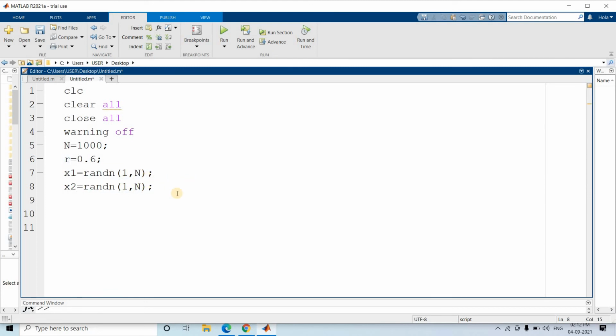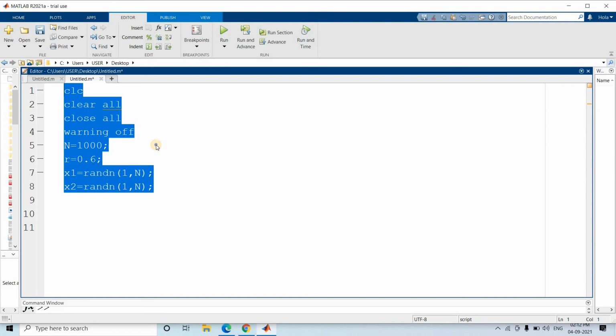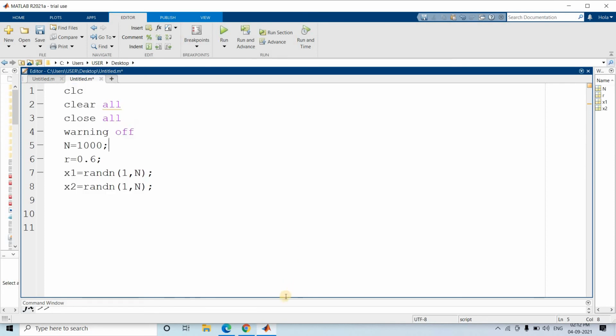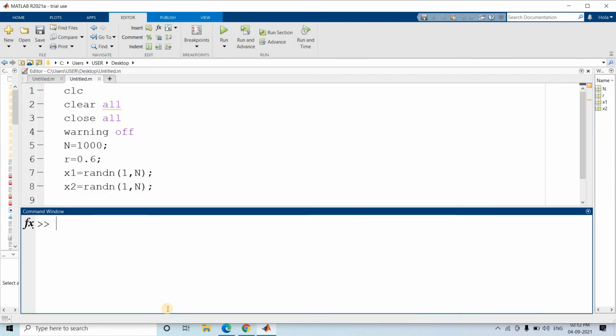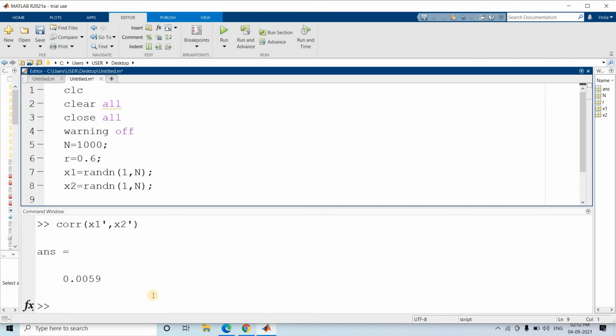Let us see whether they are really uncorrelated or not. Just run this piece of code, and then here we can write corr of x1 and x2. We need to give column vectors, so I am transposing, and you see 0.0059, that is almost zero correlation between these two variables x1 and x2. So they are uncorrelated, their mean is 0, their standard deviation is 1. That's the random property.